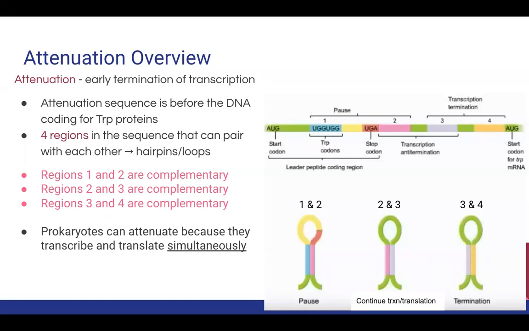Along the entirety of this transcript, there's a bunch of codons, each coding for a particular amino acid. And then eventually the ribosome is going to get to this amino acid, which happens to code for tryptophan.